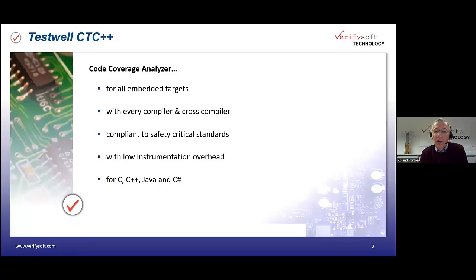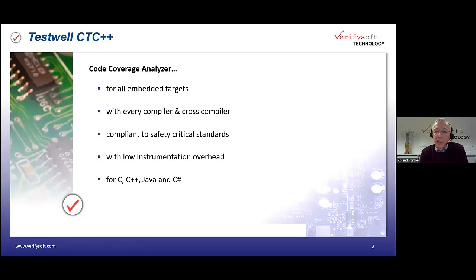It works with every compiler and cross-compiler, for running code on the target, to even measure code coverage by executing your tests on the target. And every cross-compiler and compiler is not only a technical point, it's also a commercial point. If you purchase a license for our tool, it's not bound to a compiler set or to a target.